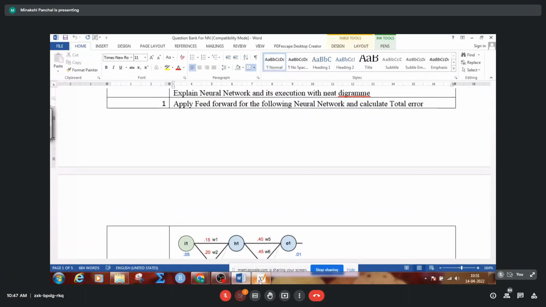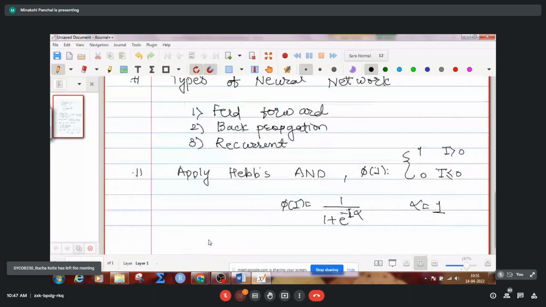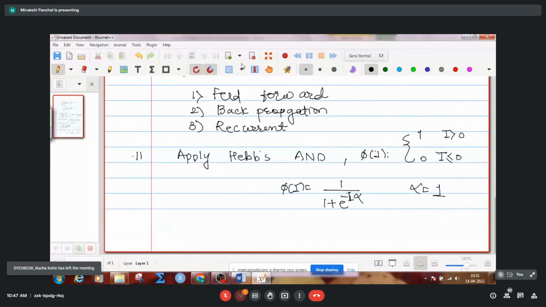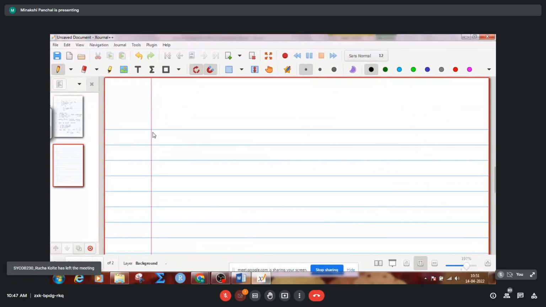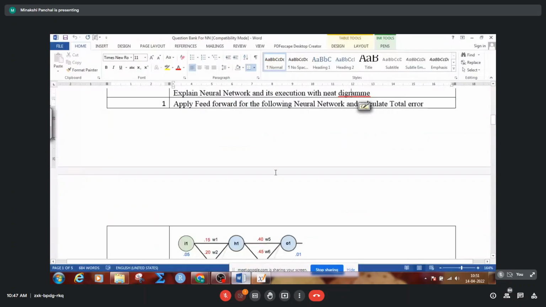Whenever your question is of the type apply feed forward and then find out the total error, see this question: apply feed forward for the following neural network and calculate the total error.